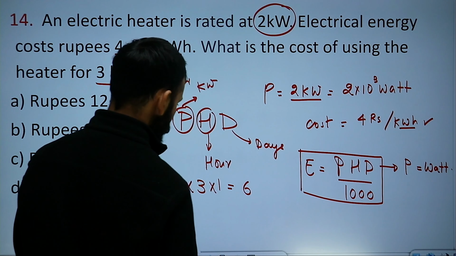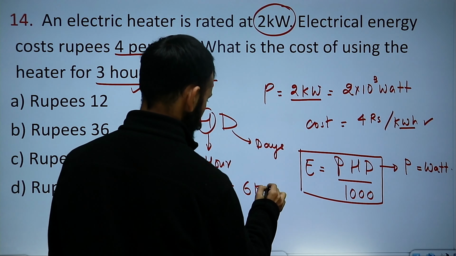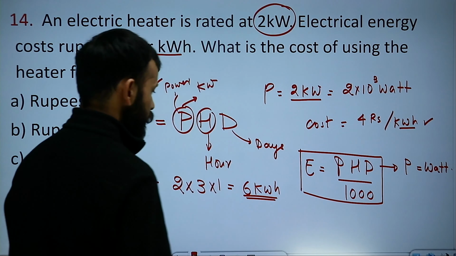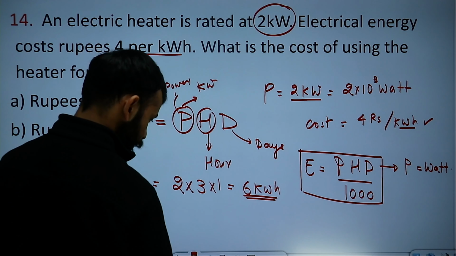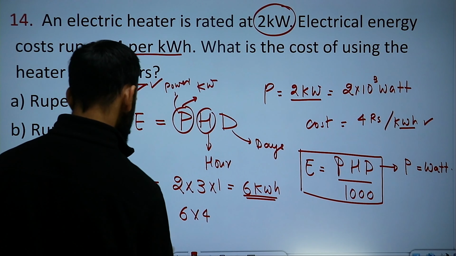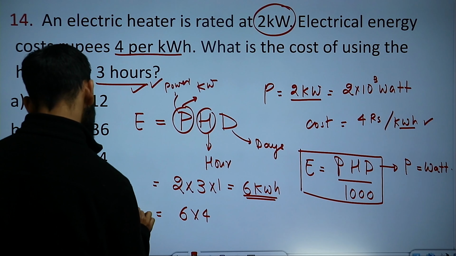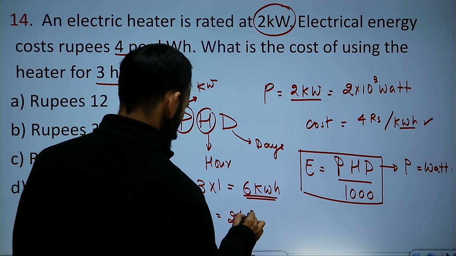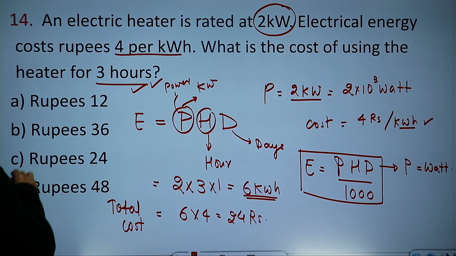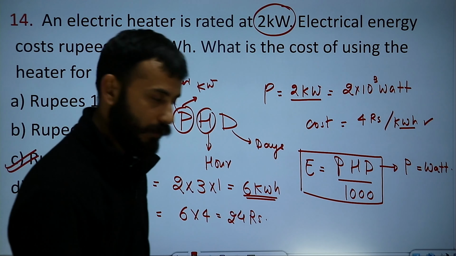So our electrical energy will be 6 kilowatt hour. Since the cost of 1 kilowatt hour is 4 rupees, our answer will be 6 into 4, which is the total cost, 24 rupees. So our option C will be the correct answer.